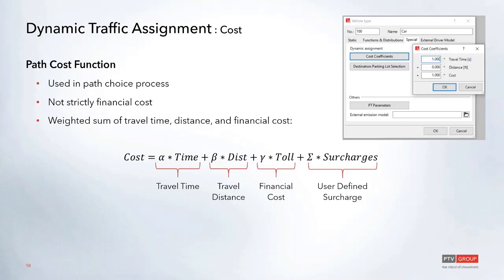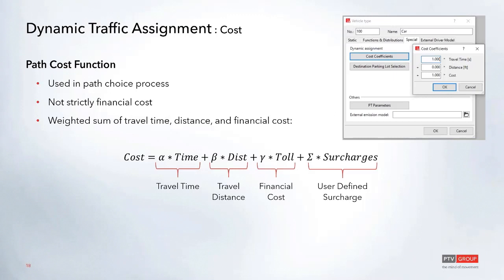This would be used if you had a private vehicle that wants to avoid toll roads and doesn't want to take some of those financially higher paths, whereas a delivery truck is going to put more emphasis on travel time, so it will have a higher weight towards that travel time.